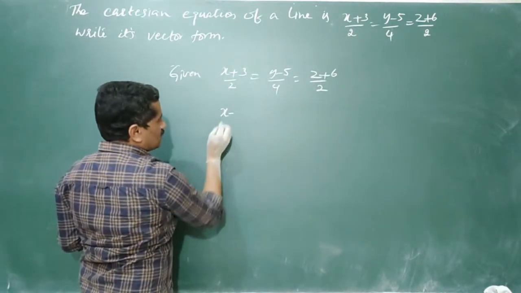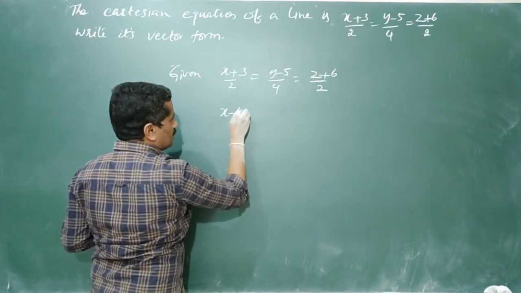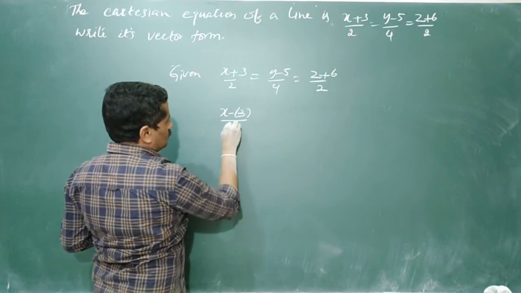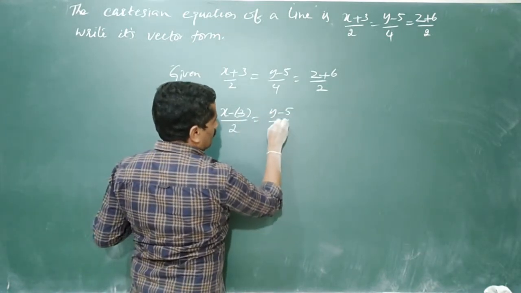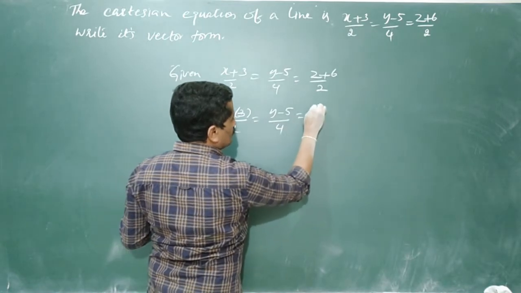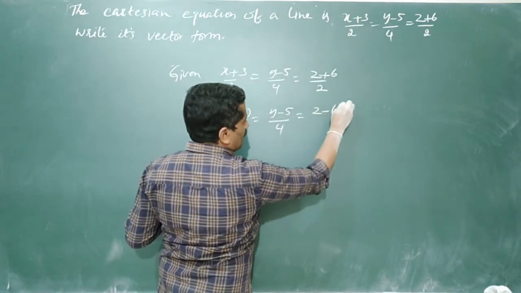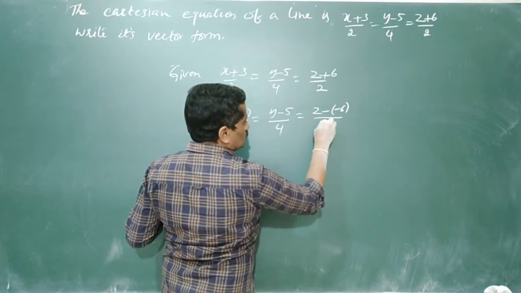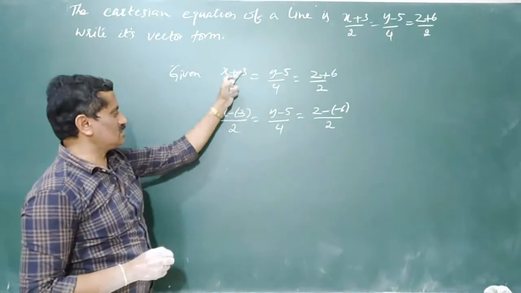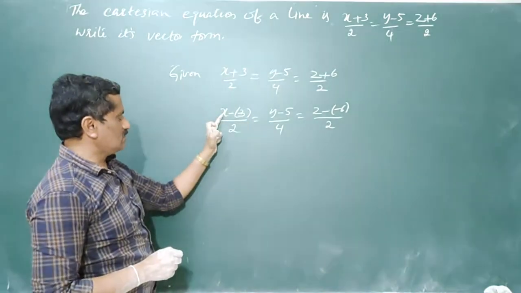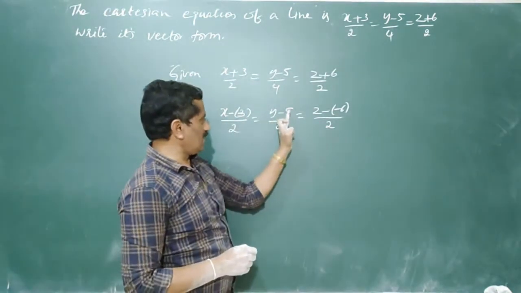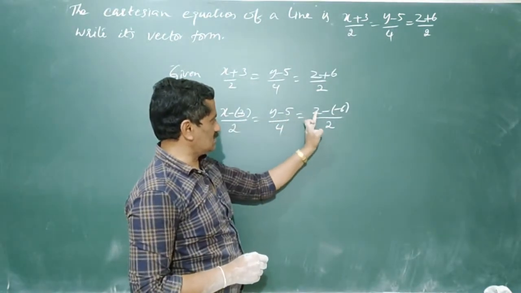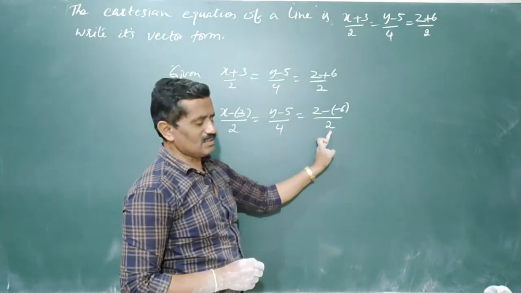Therefore (x minus of minus 3) by 2 is equal to (y minus 5) by 4 is equal to (z minus of minus 6) by 2. So we need to convert this to standard form (x minus x1) by a is equal to (y minus y1) by b is equal to (z minus z1) by c.